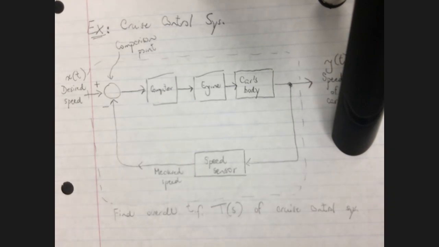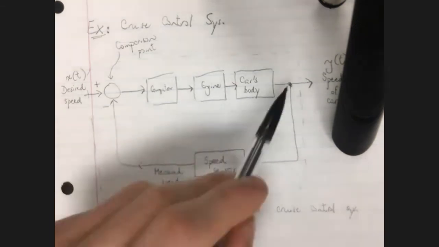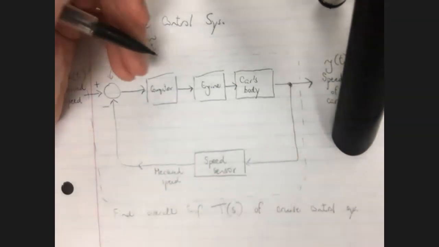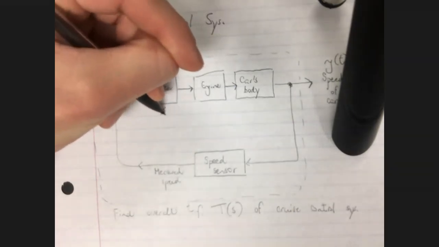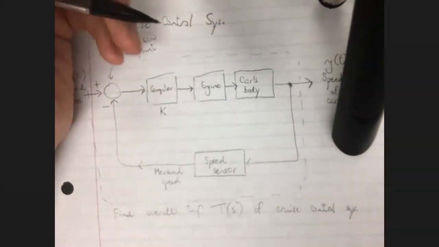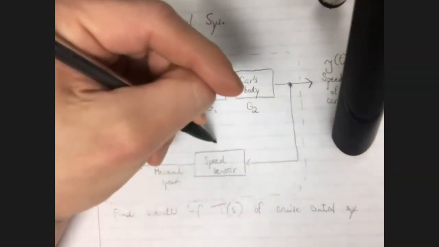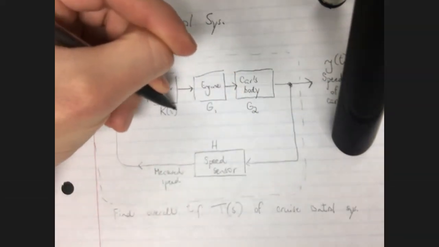And just so we have all the same letters, I call this X of t on the far left, I call this Y of t on the far right. And these systems, I'm going to call the computer K. I'm going to call my engine G1. I'm going to call my car's body G2. And I'm going to call my speed sensor H. And all of them are functions of S.